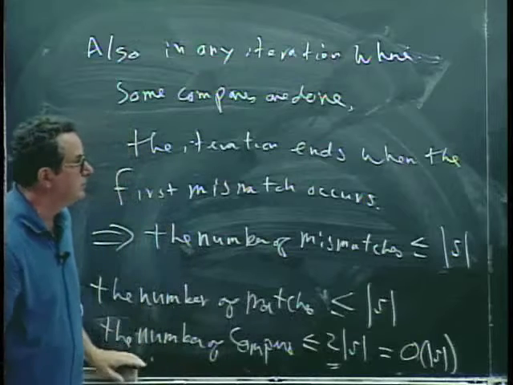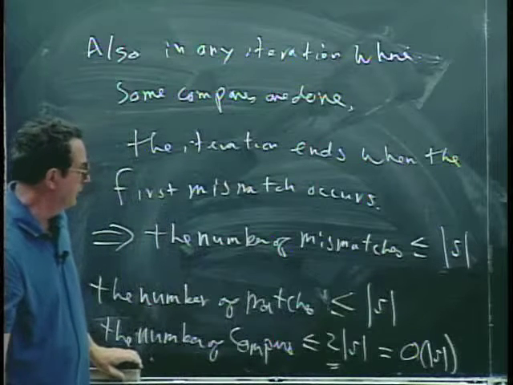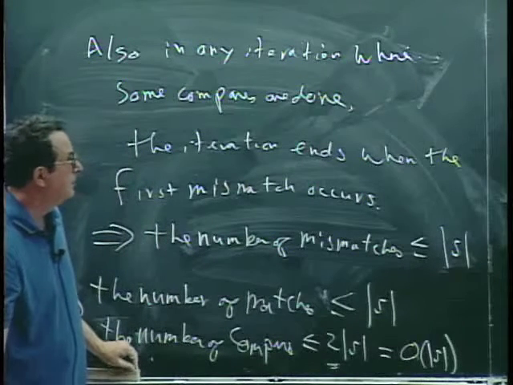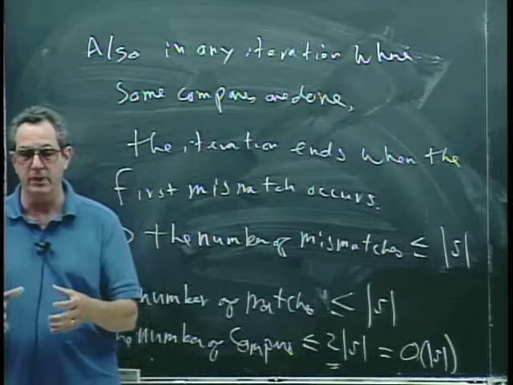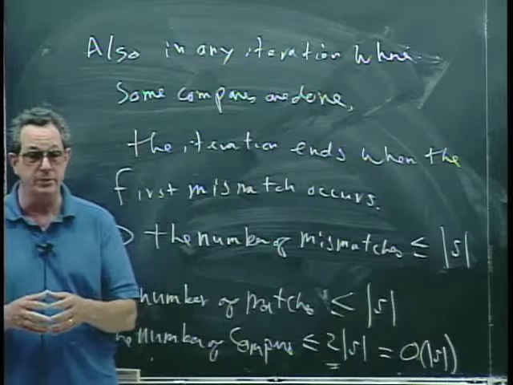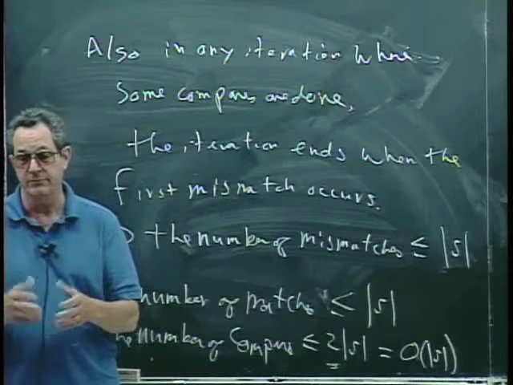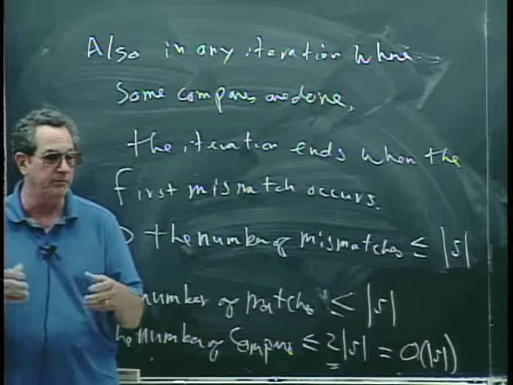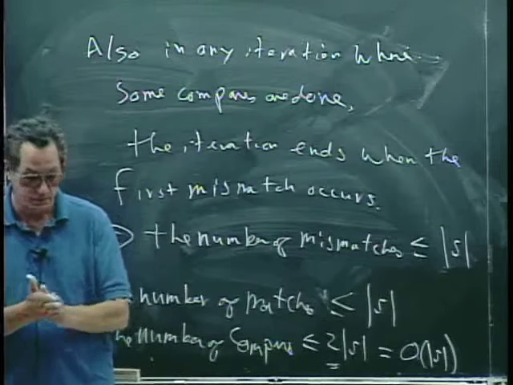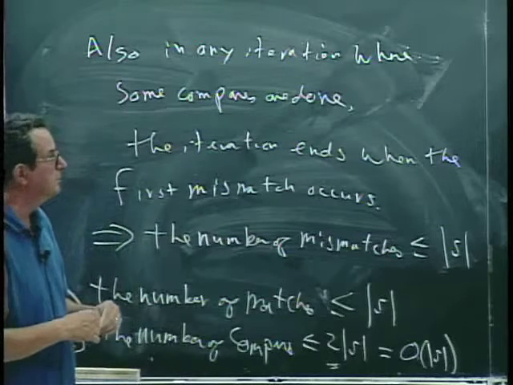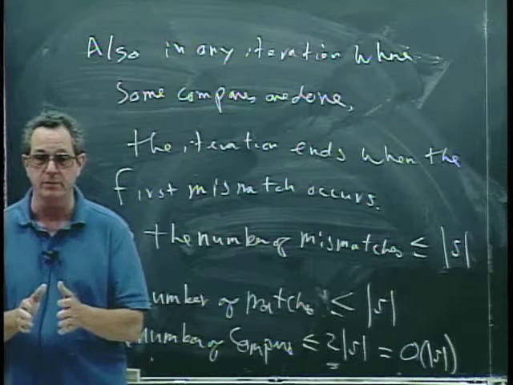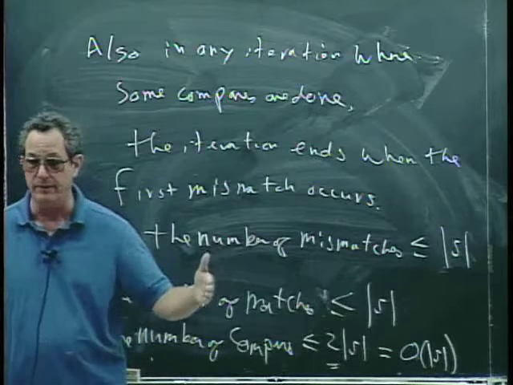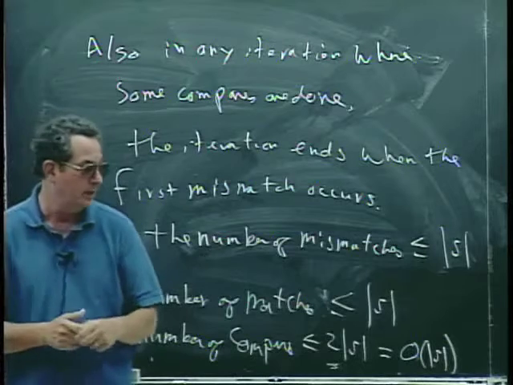And I think you can do even a more refined analysis. So at each iteration, the algorithm does some constant amount of other operations besides character comparisons, a fixed number of them. We could count them up. 5, 10 is certainly a bound on what they would be. 10 is too much, but anyway, some fixed number of operations besides character comparisons, totally independent of the length of the string.